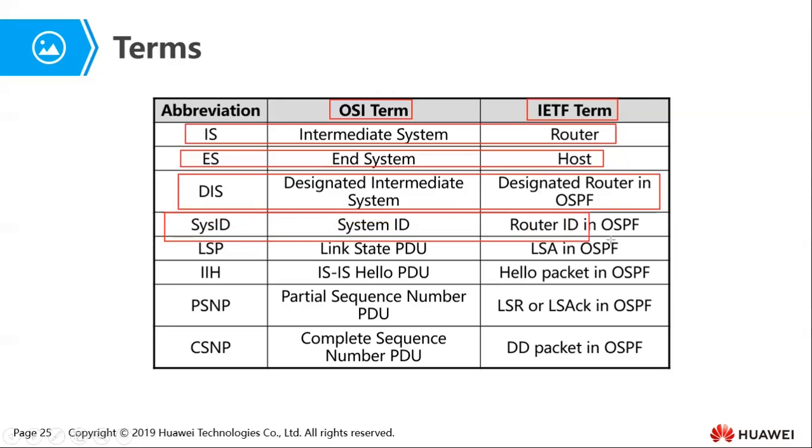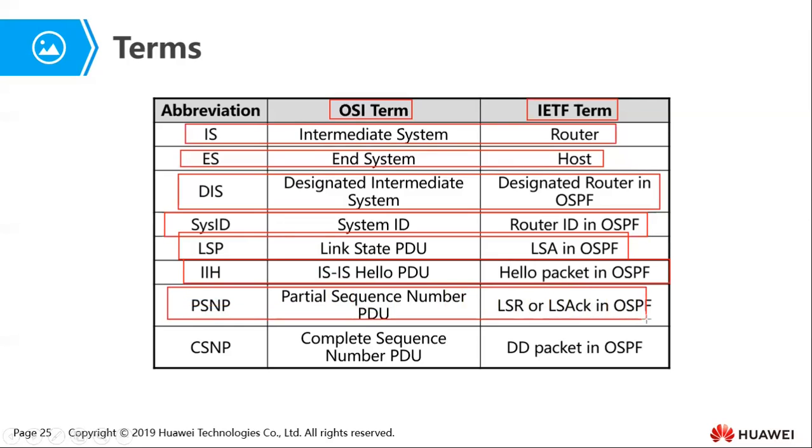System ID, or router ID in OSPF. Link state PDU, or link state advertisement in OSPF. IIH, IS-IS hello PDU, or simply hello packet in OSPF. PSNP, partial sequence number PDU, is very similar to LSR and LSAck in OSPF. Then we have the complete sequence number PDU, which is very similar to the function of the database description packet in OSPF.